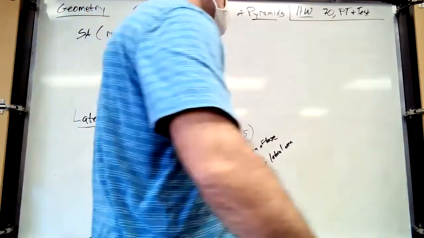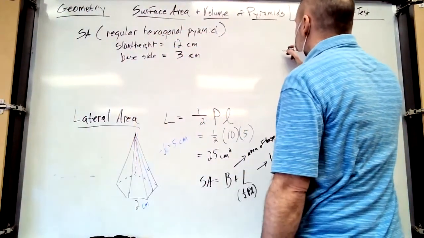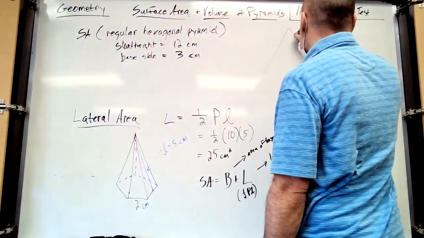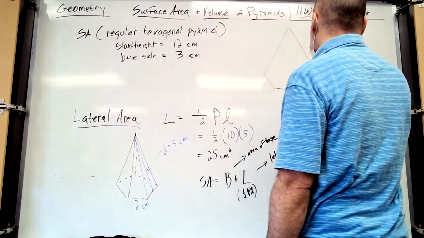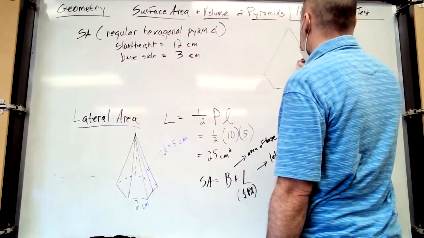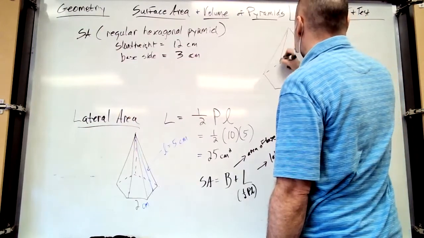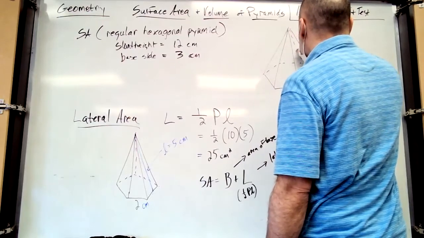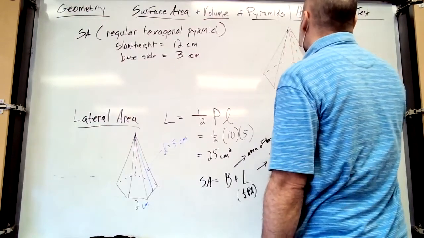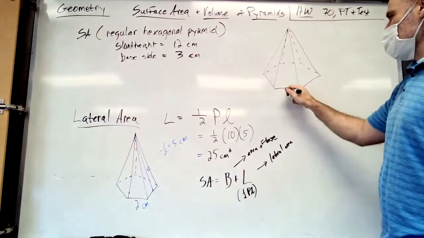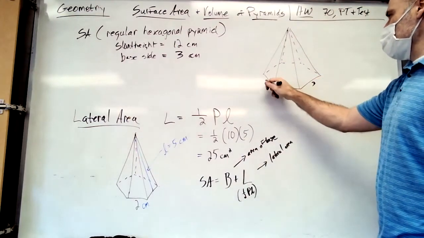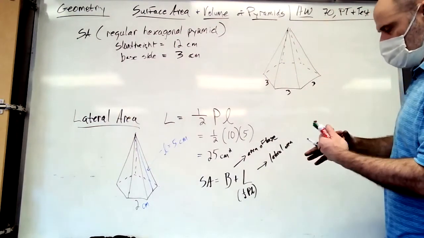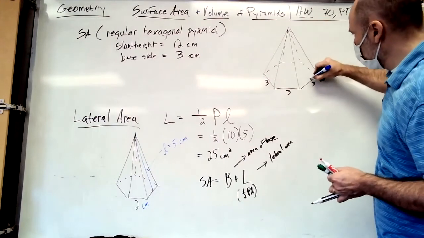So I'll draw it for you just so we have a nice drawing. See, 3, 3, 3. Slant height is 12.